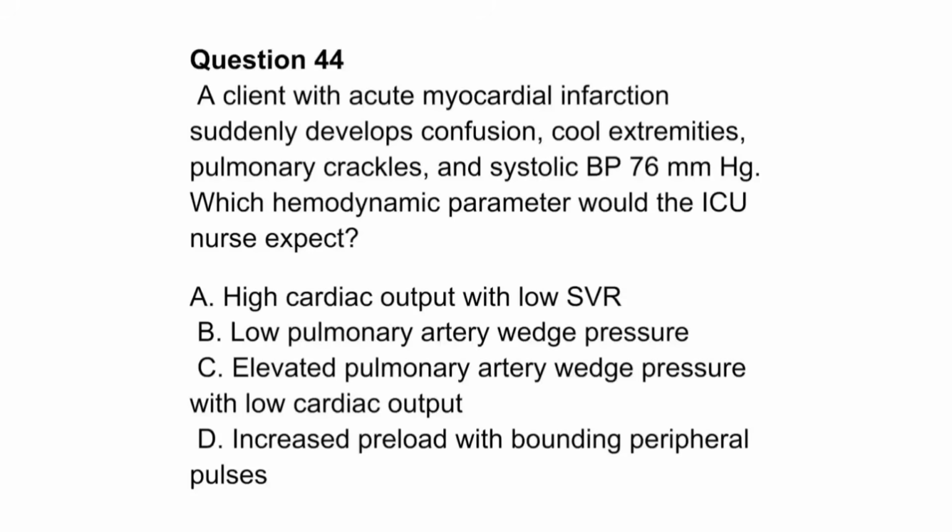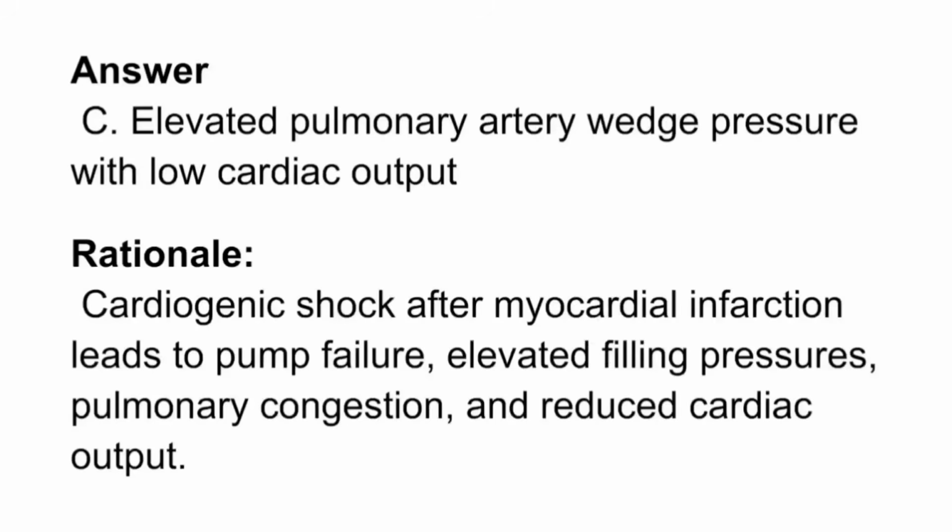C. Elevated pulmonary artery wedge pressure with low cardiac output. D. Increased preload with bounding peripheral pulses. Answer: C. Elevated pulmonary artery wedge pressure with low cardiac output. Rationale: cardiogenic shock after myocardial infarction leads to pump failure, elevated filling pressures, pulmonary congestion, and reduced cardiac output.